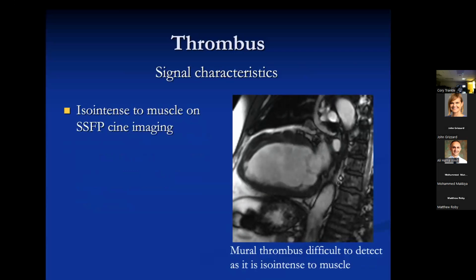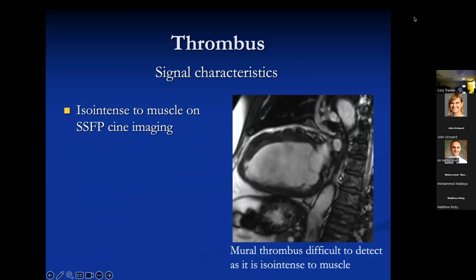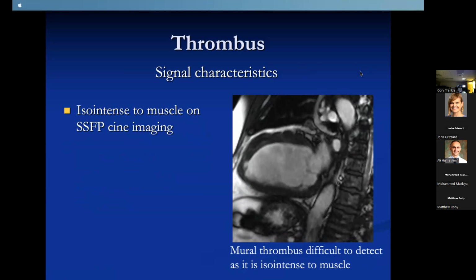I think it's important to note on its signal characteristics that it's iso-intense to muscle. That's an important point that'll help it be differentiated from other lesions, specifically myxomas and so forth, when they can sometimes be in the differential. Notice that this is that same image that I showed earlier, where you could clearly see the thrombus post-contrast.